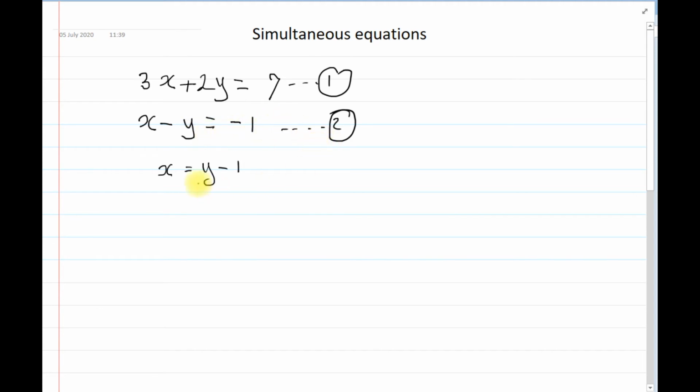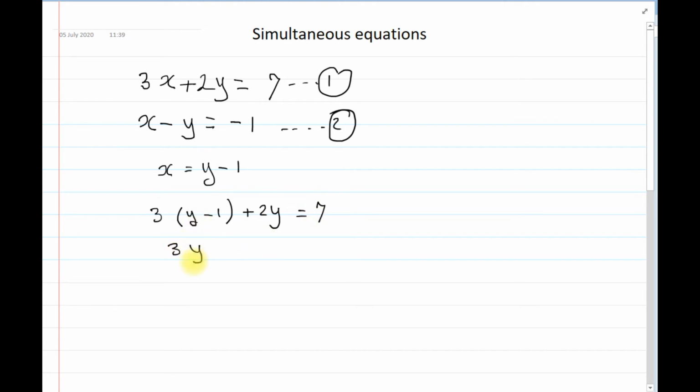I mean, it didn't matter. So I choose to do it with x. You can try y. So when I have x is equal to y minus 1, I substitute this value of x in the first equation. So I'll get 3 times y minus 1 plus 2y is equal to 7.